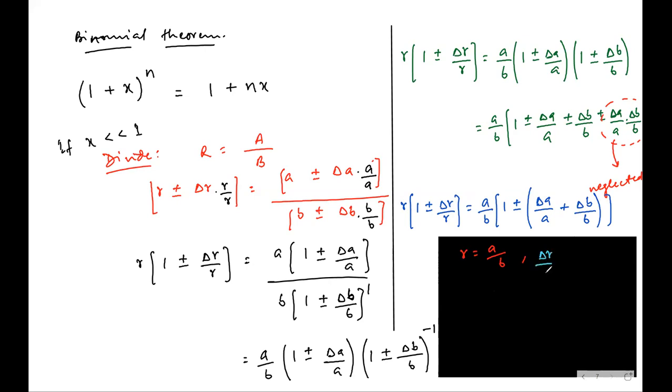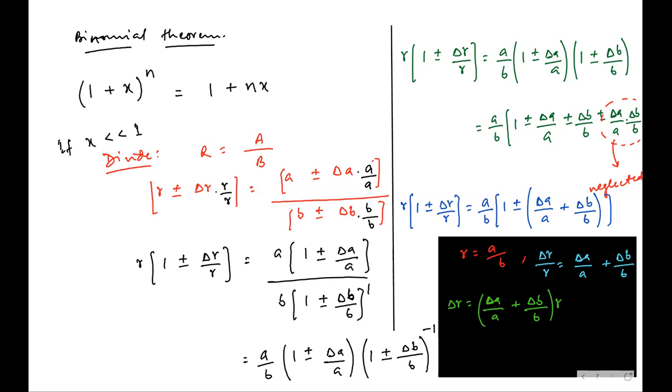So delta R divided by R is equal to delta A by A plus delta B by B, which is similar to the multiplication part. Now, if you move this R to the other side, you will get the error part is equal to delta A by A plus delta B by B, and the whole multiplied by R.